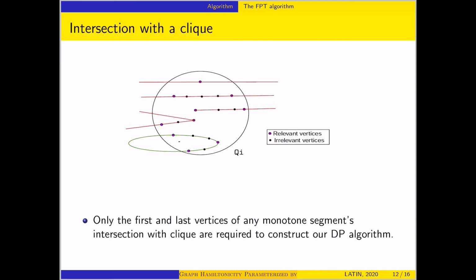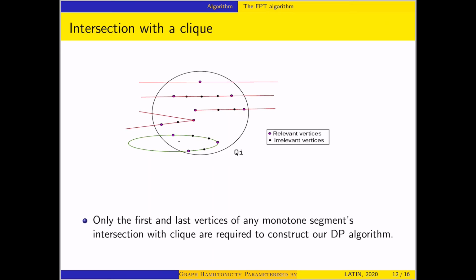So, these red lines are segments. While we look at a segment, we will find the relevant vertices that it has in a clique. What we call the relevant vertices of a segment are the first and the last vertex that it sees in the clique. The intermediate vertices are not important for us. Once we know this first and last vertex, storing this information is good enough for us to design the DP algorithm.